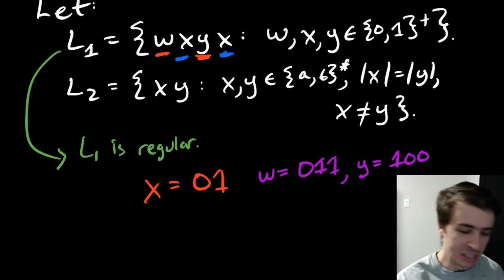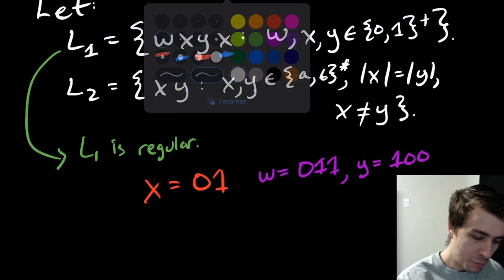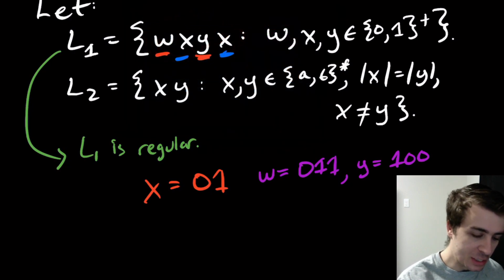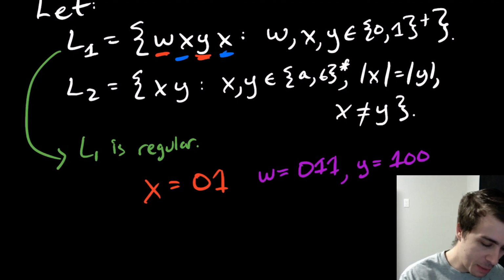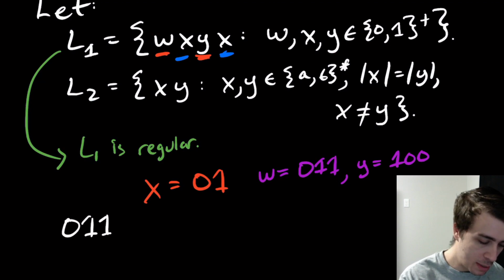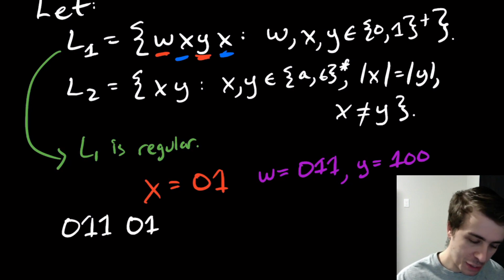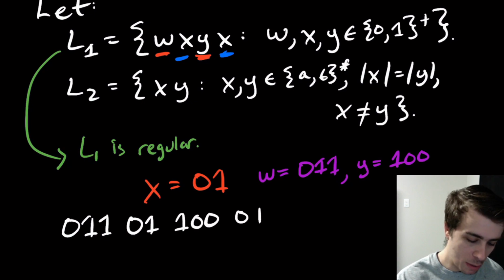I'm just making this up off the top of my head. So if we just plug the pieces into the string, what we get is the W part first, so 0, 1, 1. Then the X part, which is 0, 1. I'm going to put a little space in between. The Y part, which is 1, 0, 0. And the X part, again, which is 0, 1.